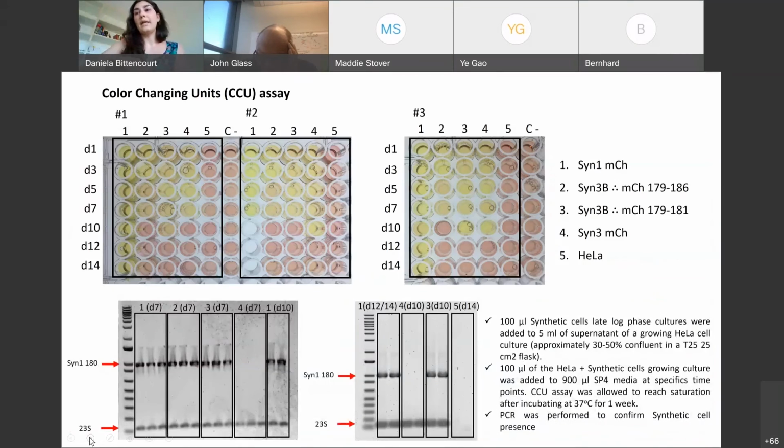And looking at the CCU analysis, the color change units, although the mutants were capable of attaching to the mammalian cell, they are not capable of surviving as long as the minimal cell. So it didn't recover the capacity of the synthetic cell to infect mammalian cells.